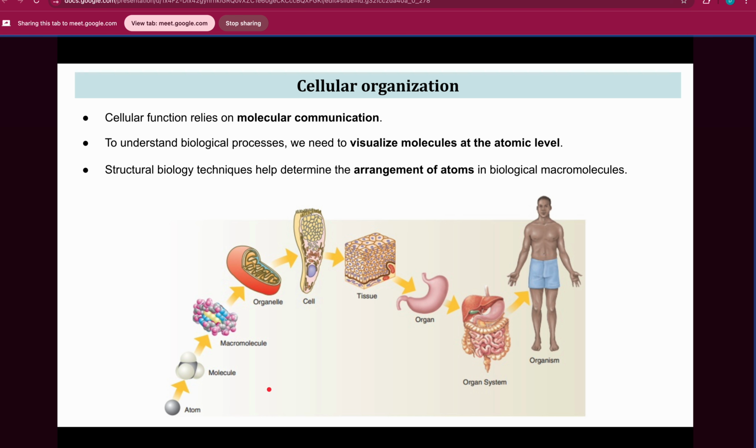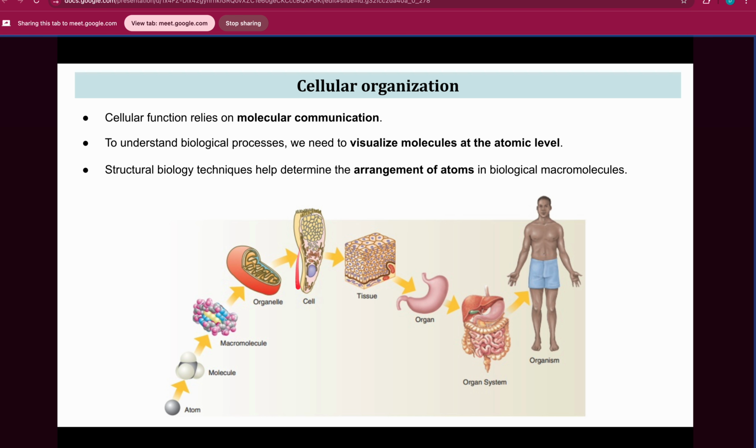As you can see, the atom is the smallest unit, which combines to form a molecule. Then groups of molecules combine to form a macromolecule, that means a bigger molecule. Then these macromolecules further make the organelles. Organelles are small functional bodies present inside the cell, which perform certain functions.